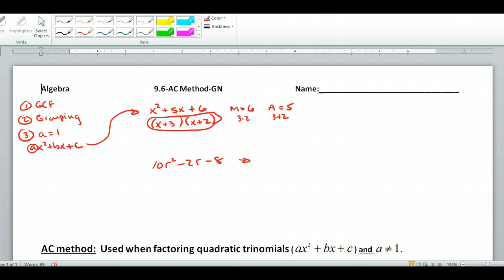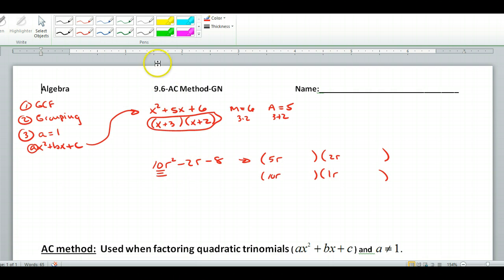Now it's a little bit different, because not only do we have to find the numbers that multiply to give us 10r squared, that could be 5r and 2r, or it could be 10r and 1r, but it's going to change the rules of what we get when we add the terms together in the middle. Therefore, we have to look for an easier method to use in order to accomplish factoring.